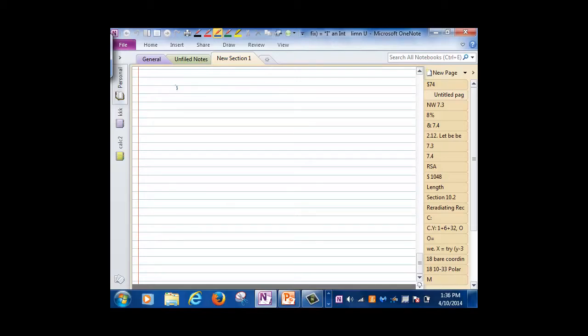Suppose that I have a function f of x, and let's assume that the function is defined for all real numbers bigger than 1. Now I am defining a sequence by using this function, and the nth term of the sequence is f of n.